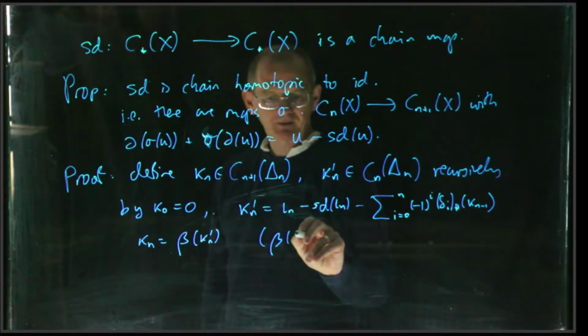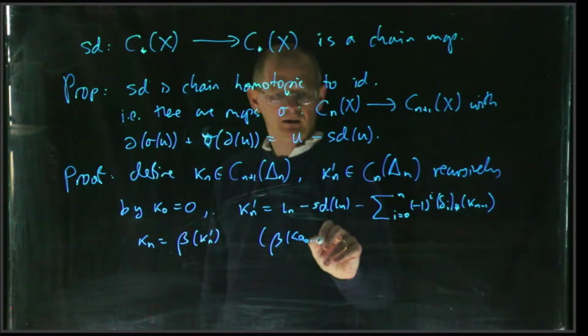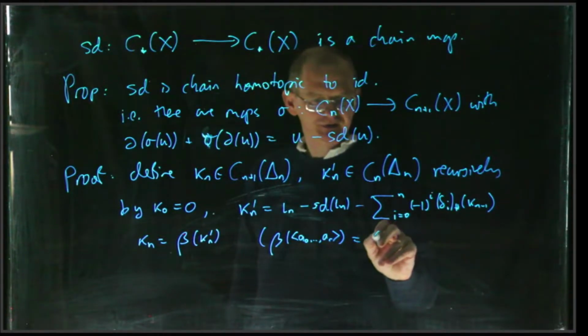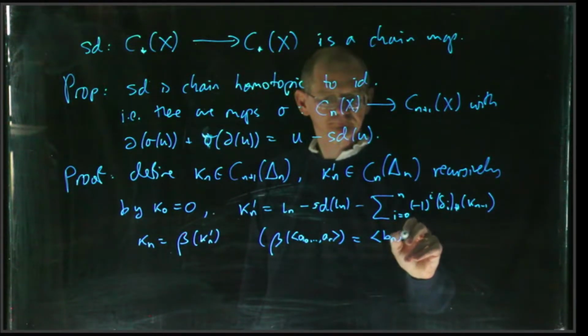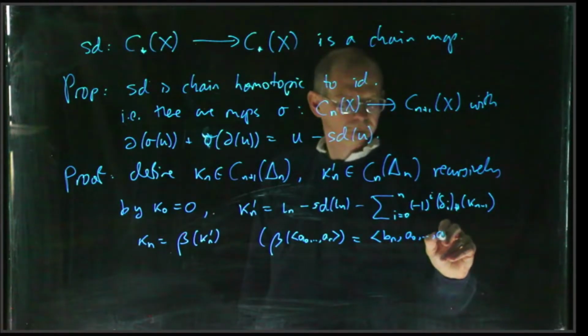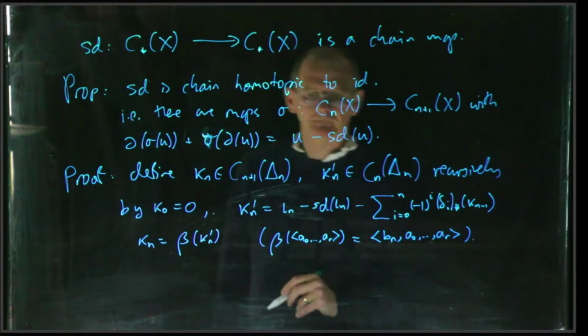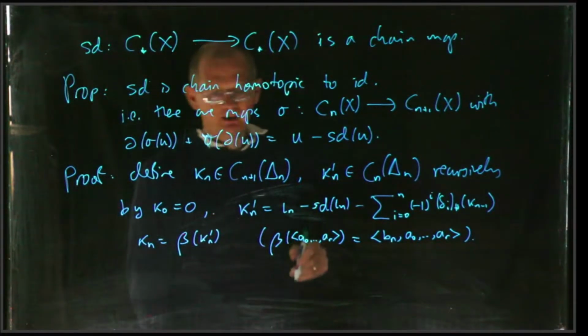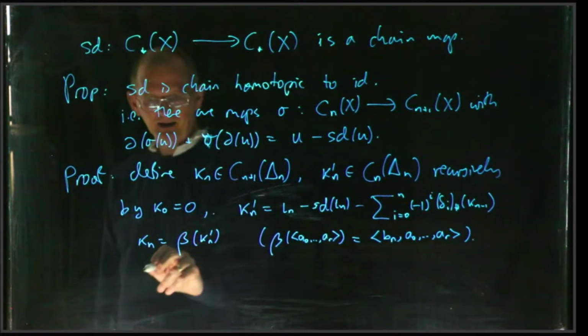And remember, this was the operator on linear chains, which just inserts the barycenter. Okay, so that gives us our kappa n's.